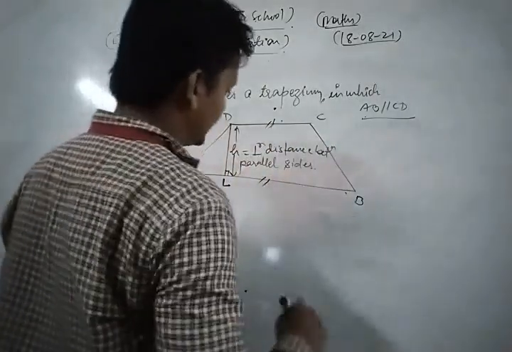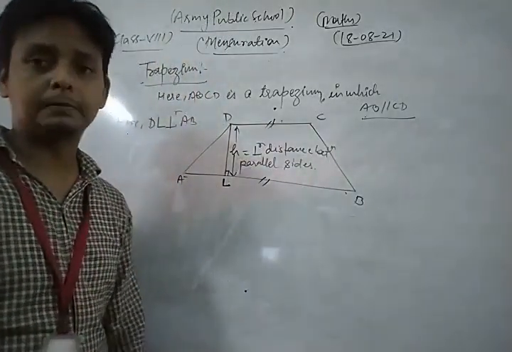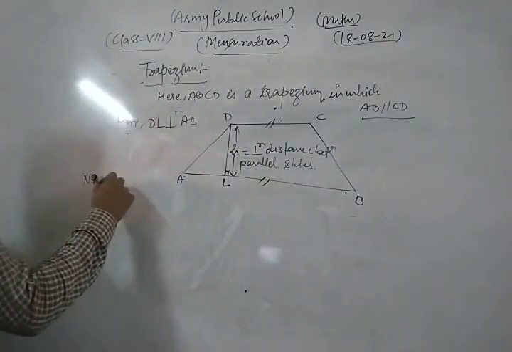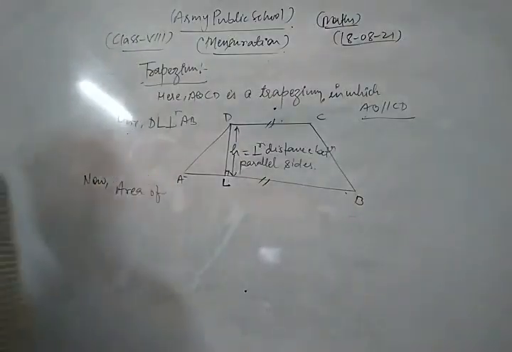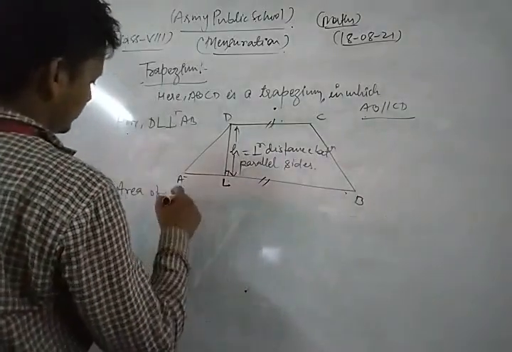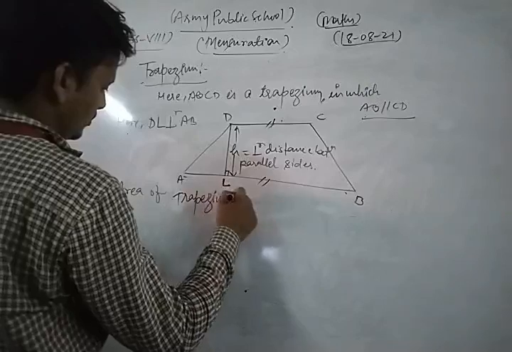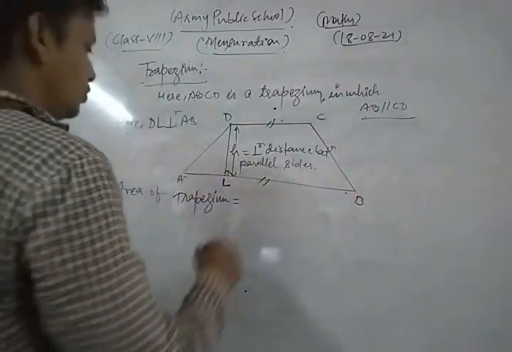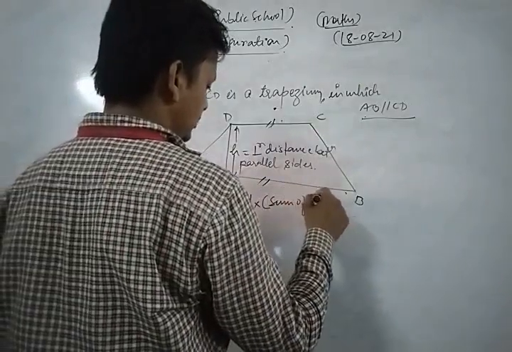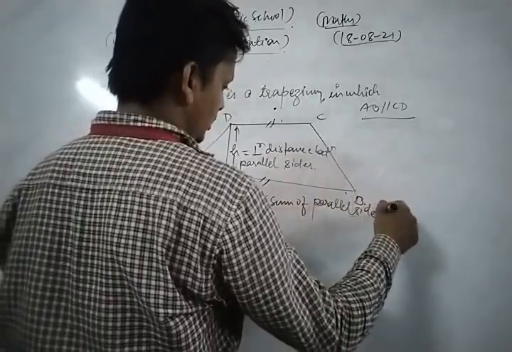Now the area of the trapezium is equal to 1/2 into the sum of the parallel sides into height.